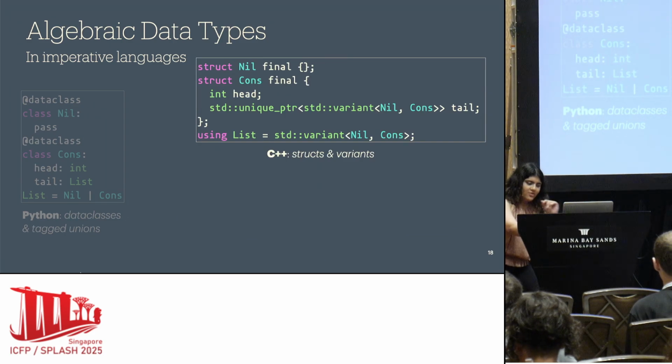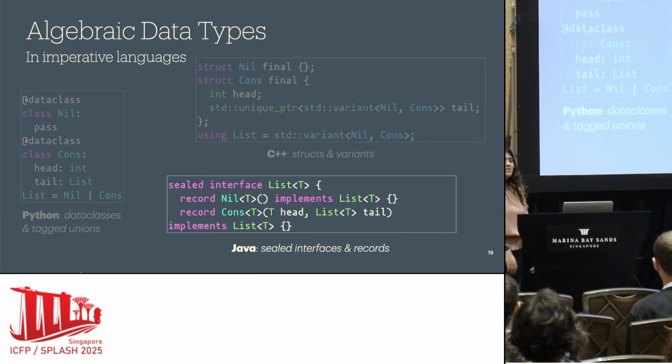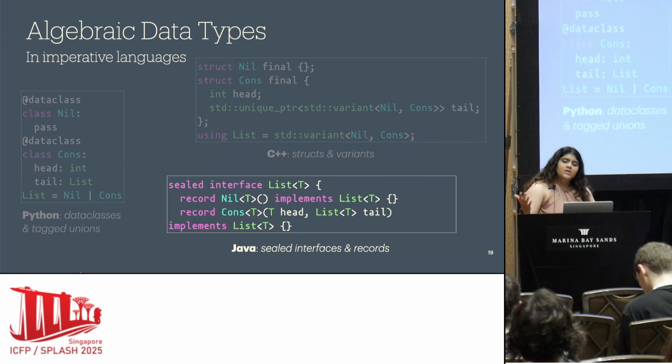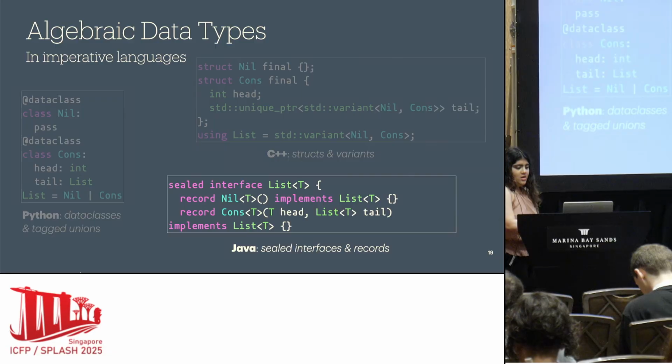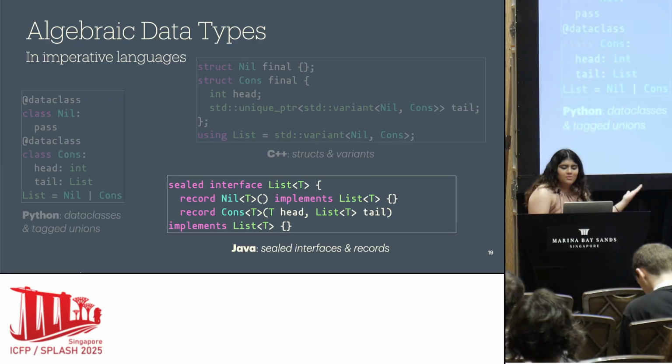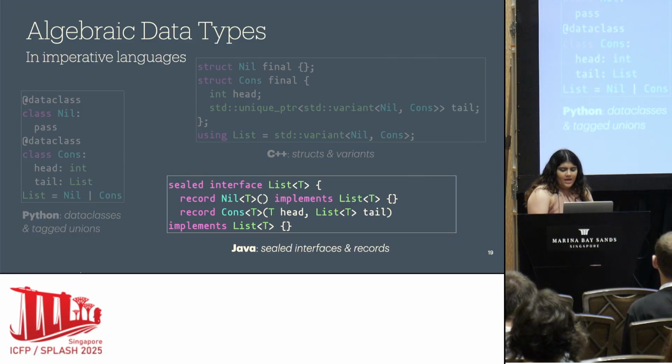And Java 17 introduced this wonderful thing called a sealed interface, which basically lets you seal an interface and not keep extending it. And this is what a list looks like. You may think it looks ugly, but I think it's pretty beautiful that you can do this in Java. When I last used Java, I don't think you could do this. And this is kind of what we're going for.